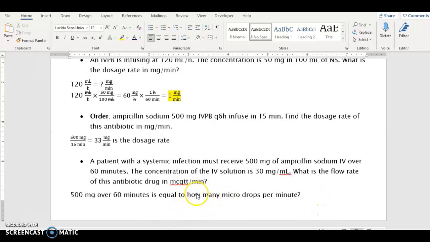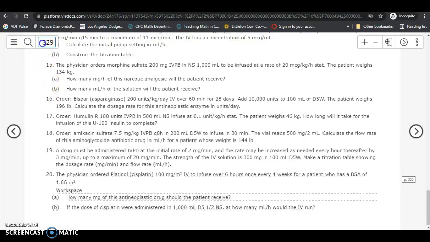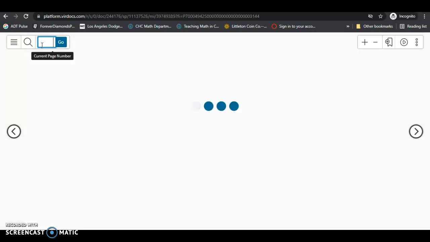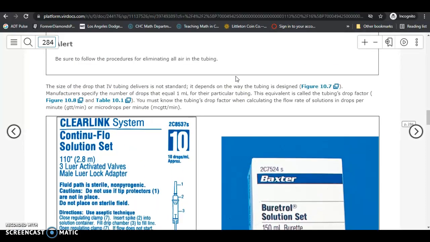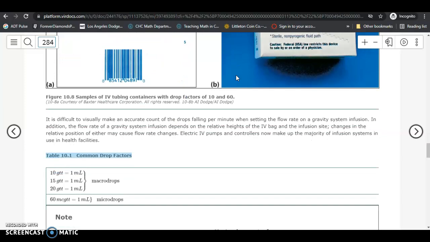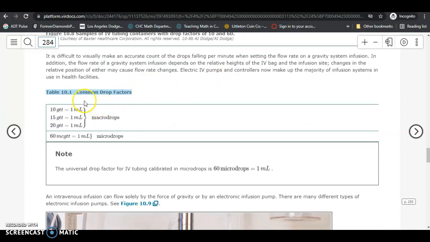First of all, when it says micro drops, what does it mean? Let's go back to chapter 10 and look for table 10.1, near the beginning of the chapter. Here's table 10.1 on common drop factors.